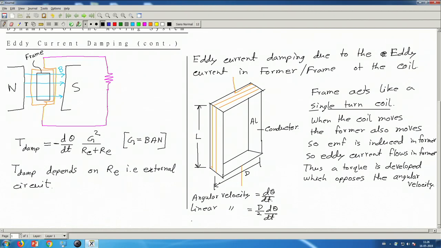So, the induced EMF, which is same as the rate of flux intersection, will be this velocity multiplied by the length.